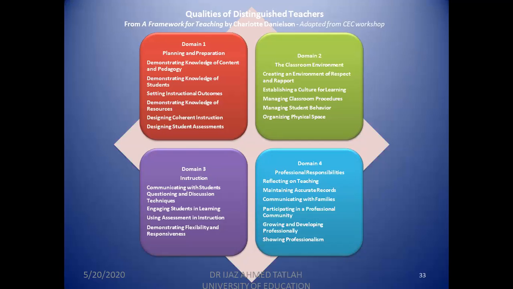The last domain here is professional responsibilities. These are reflecting on teaching, maintaining accurate records, communicating with families, meaning parents of the students and the visitors of the class or of the school, and participating in the professional community, where different types of professionals from the community are ready to participate in school activities.